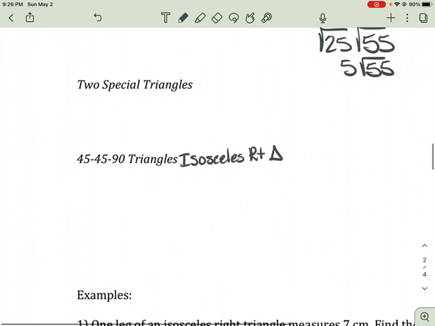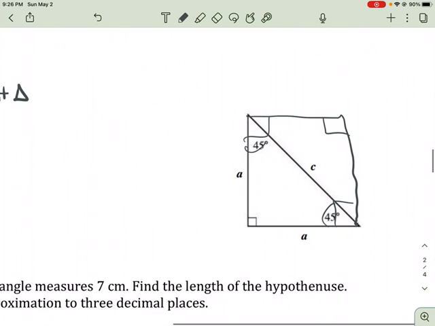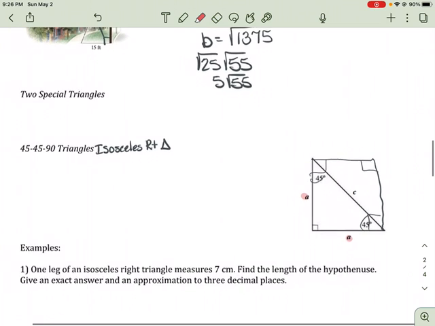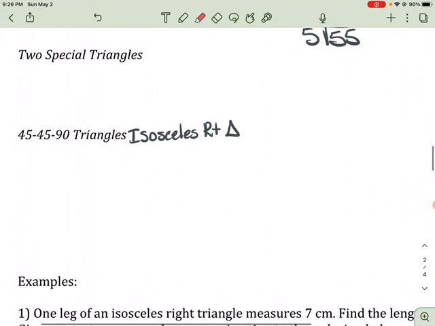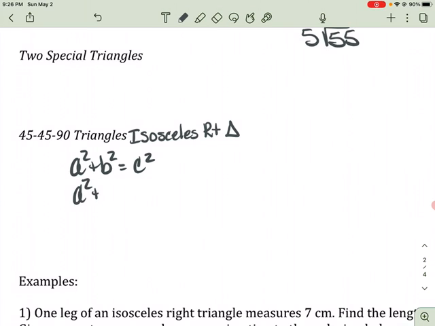Okay, so let's look, since both of these sides are the same, let's use our formula. So if I use a squared plus b squared equals c squared, but 2 of them are the same, so I'm just going to go a squared plus a squared. Okay, so 2a squared equals c squared.